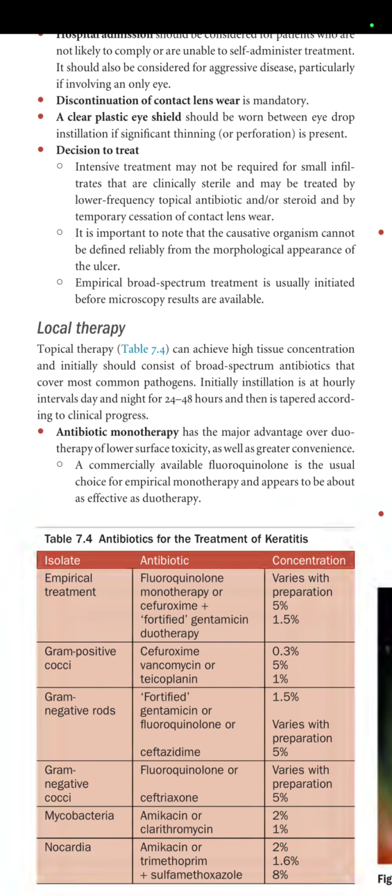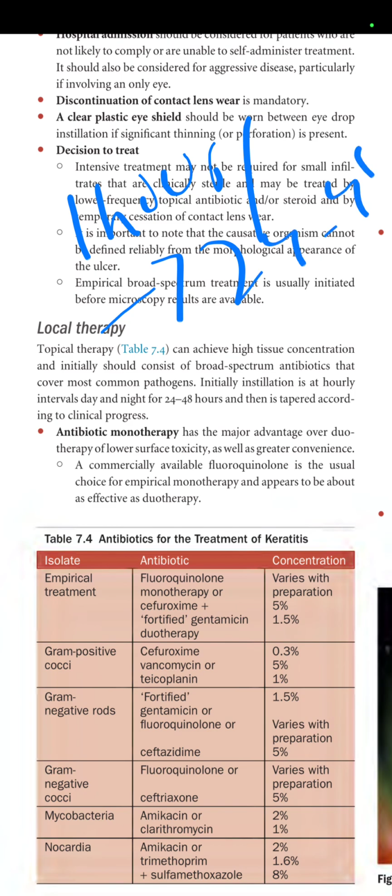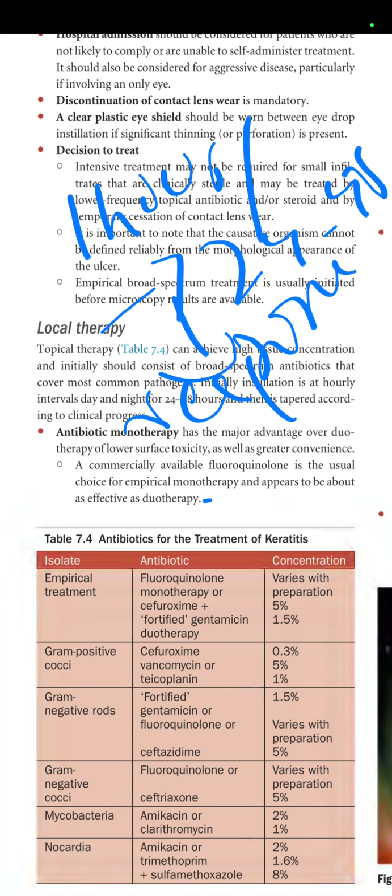Initial instillation is at early intervals day and night for 24 to 48 hours, then it is tapered according to the clinical progress. So how do we treat it? Basically we start with the broad spectrum antibiotic, every 1 hour for 24 to 48 hours, and then we see the response. If it is responsive, then we taper the dose.